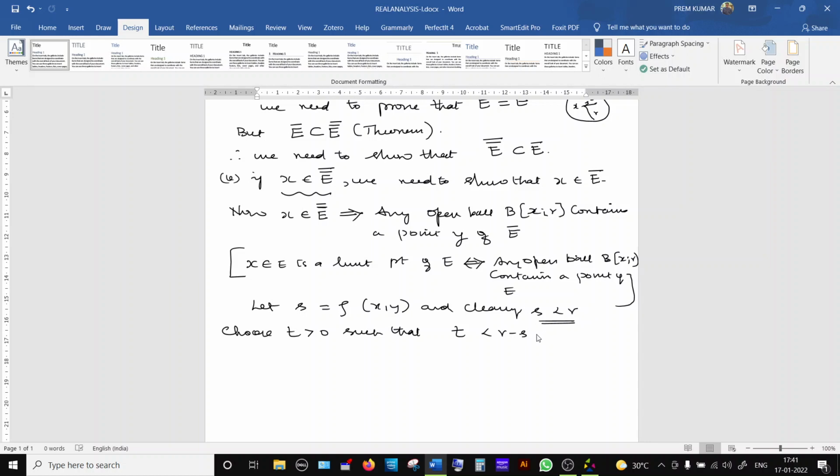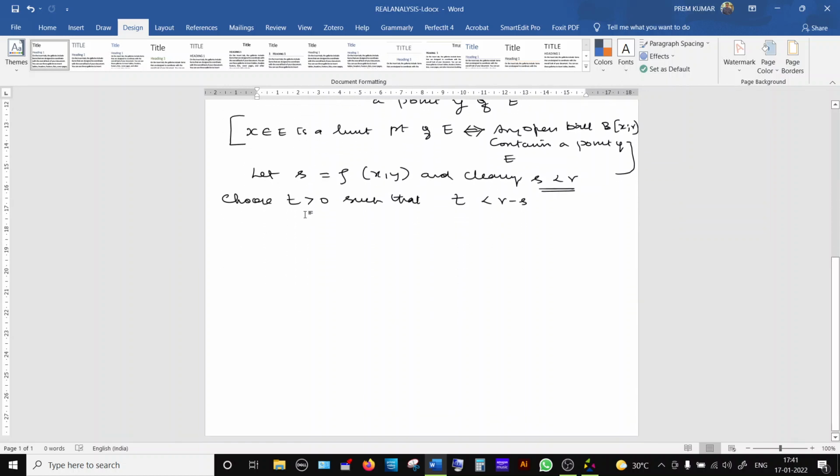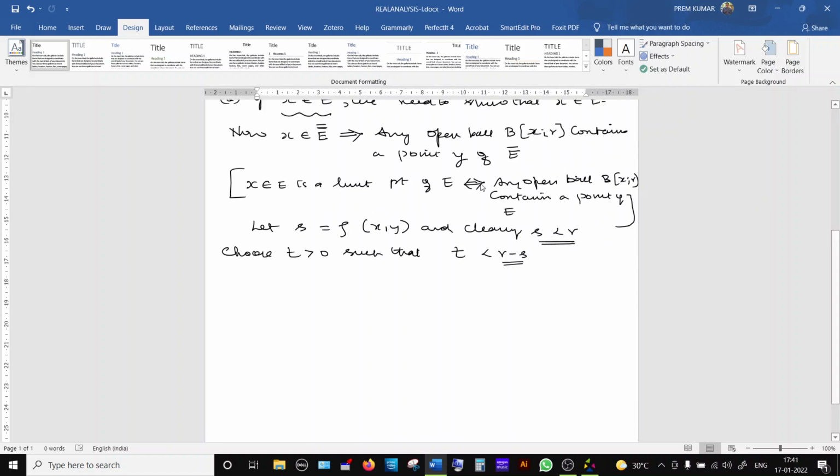Definitely r minus s is greater than 0, so t must be positive. So we assume that t is greater than 0 such that t is less than r minus s. Now we are going to use this result. We have just now proved that this point y belongs to the closure of E, that is E bar.